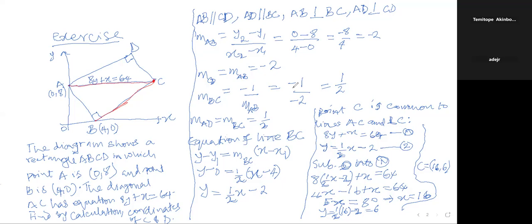Now, the next thing is to find the coordinate of D. To do that, you will need to find the equation of line CD. You now solve that with the equation of line AC because C is common to CD and AC. Hope that makes sense to you. Let me erase this side to put the solution here.